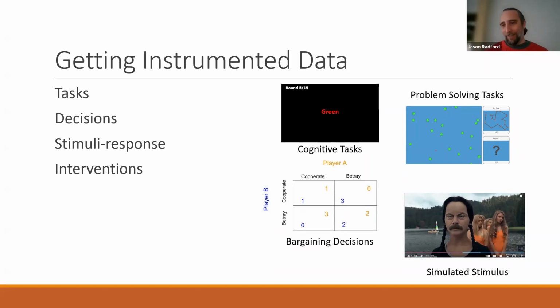The last thing I'll just mention here is this simulated stimulus, where you create your own stimuli that you want people to respond to, like a vignette. And the idea here is that we're going to see how this simulated reality changes their behavior. And the last thing I mentioned, actually, is interventions. This is where we want to try to change people's behavior.